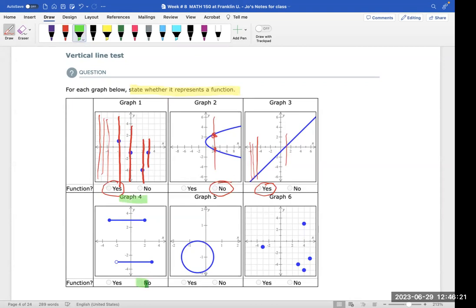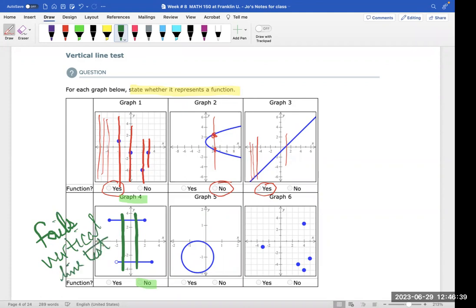Graph 4 is a no, because I have many places where it fails the vertical line test. And hopefully you've already figured out the last 2. And this one here is a no. And this one here is a no because I've got one right there. If you find one place that it fails, then your relationship is not a function.